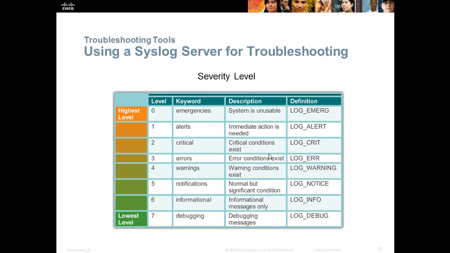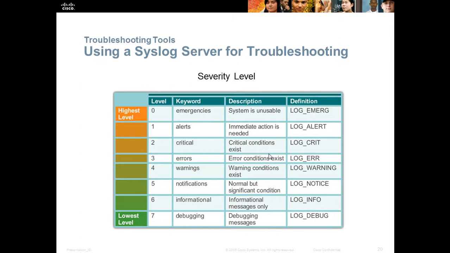Using a syslog server for troubleshooting, it depends on the severity level, which is numbered from 0, the highest level, to 7, which is the lowest level. Here all the troubleshooting categories are divided into levels with keywords. For example, level 0, the keyword is emergencies and the description is system is unusable.